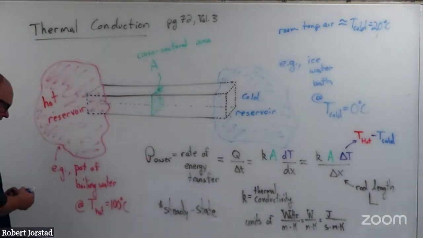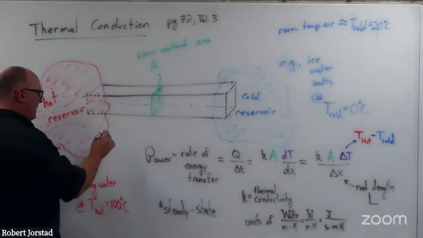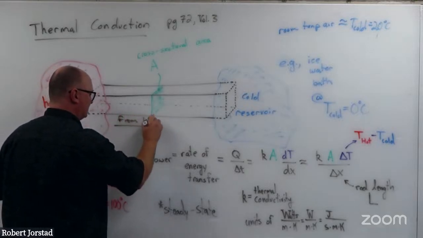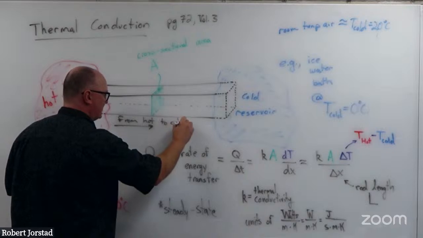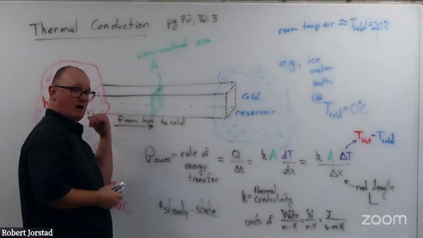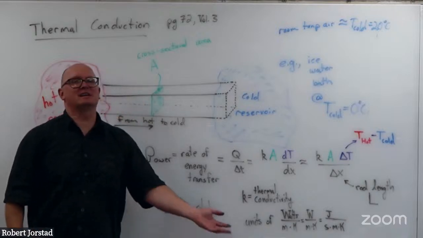Now, to be clear, we're assuming energy is being transferred from hot to cold. It is not impossible to make energy go from a cold reservoir to a hot reservoir. A refrigerator works. We can discuss that in a later chapter.